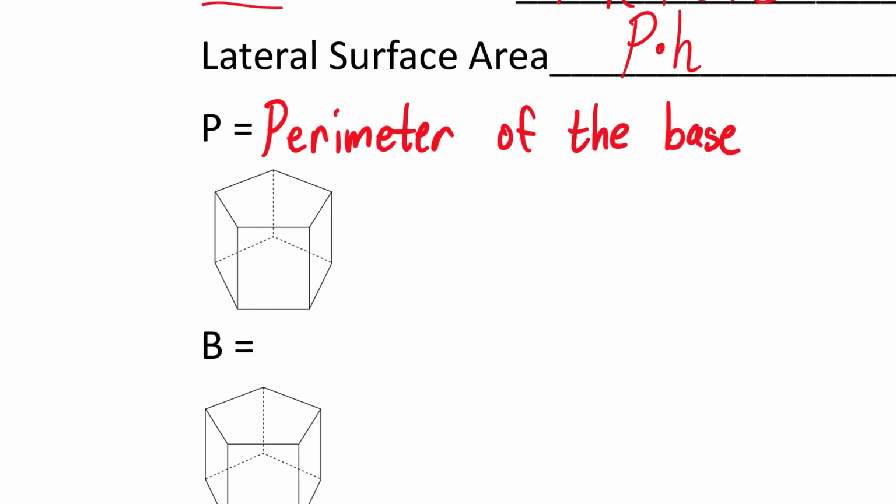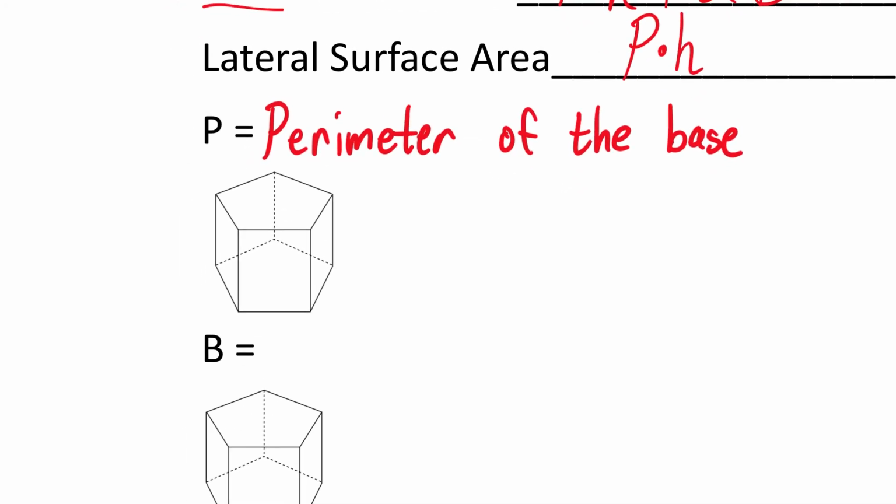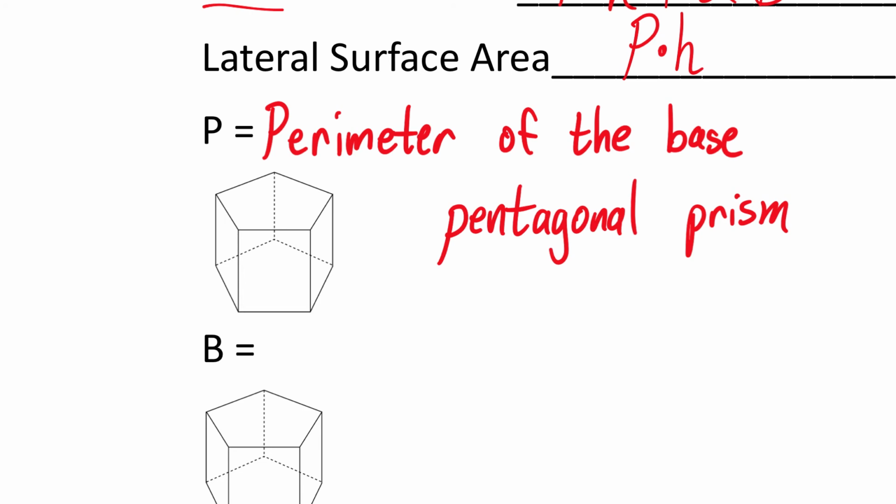So, for instance, on this shape right here, what is this? Okay, so this is a pentagonal prism. Now, why do we call it a pentagonal prism? Because the bases are pentagons.